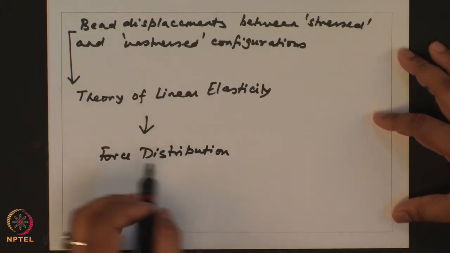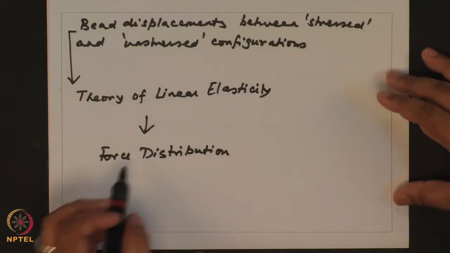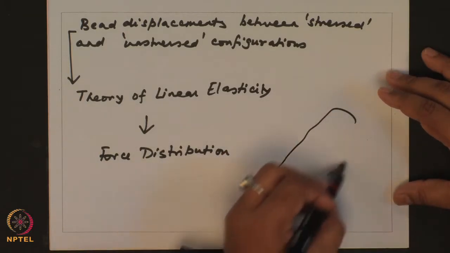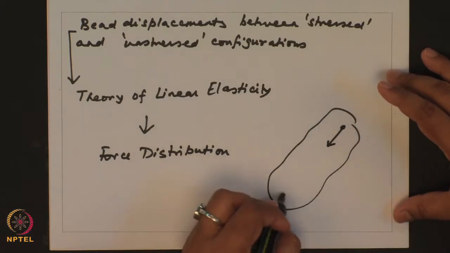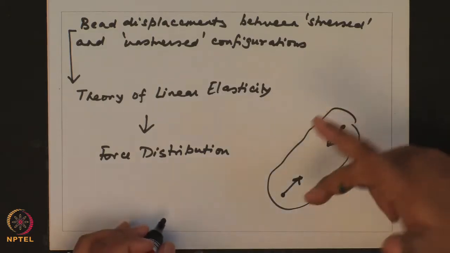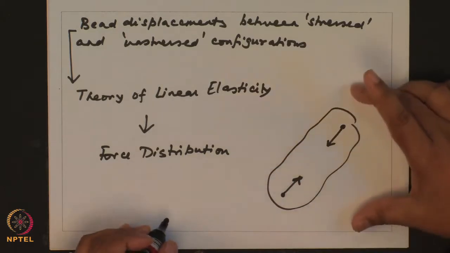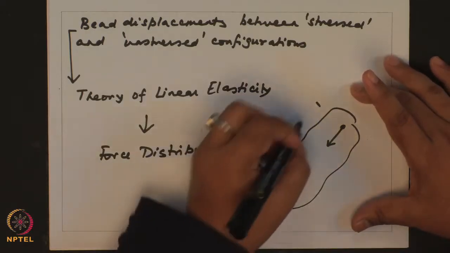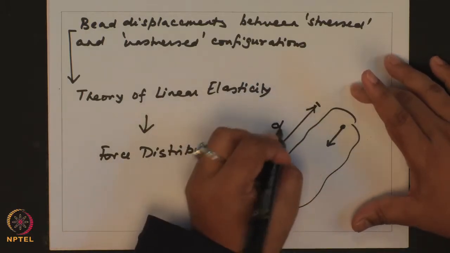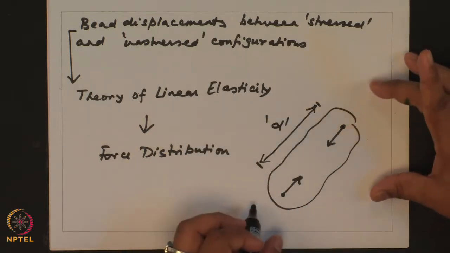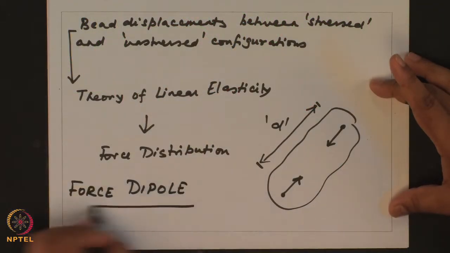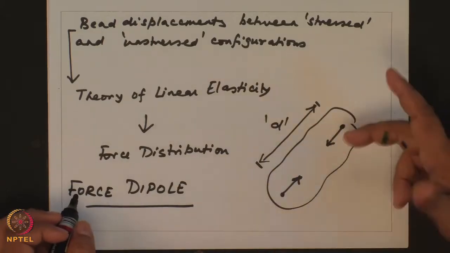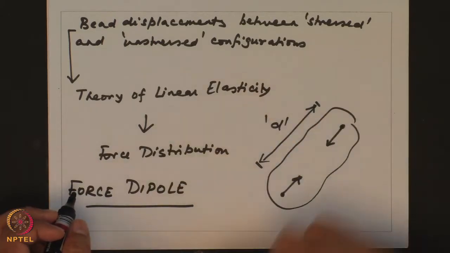And these experiments have been done for multiple different cell types, as a consequence of which, for example, if this is a muscle cell, you would find broadly 2 big forces which are equal and opposite in direction, but the points of exertion of these forces are separated by a distance d. So, this is for a muscle cell. This corresponds to what is called a force dipole. This is an example in which you can exert contractile forces along one direction.